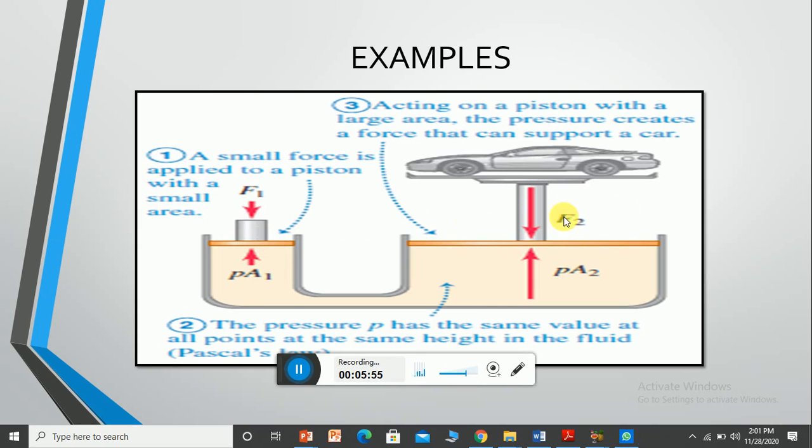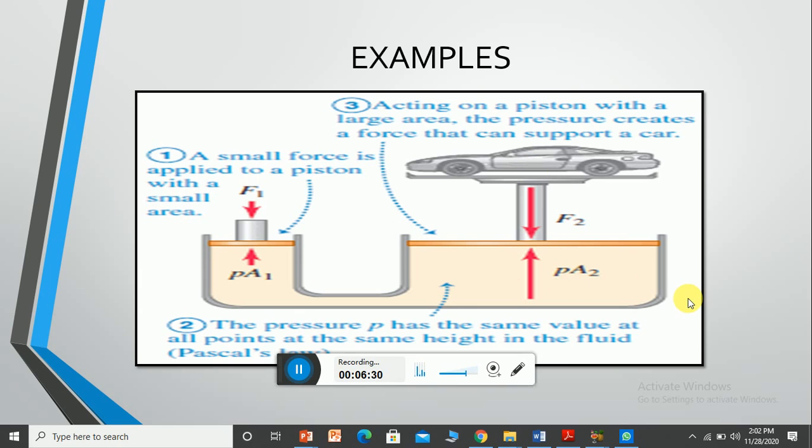That's why it's a force multiplier. By application of a small force, we can create a large force. Thus, acting on a piston with a large area, the pressure creates a force that can support a car. So we can easily lift this car, and it's a force multiplier, you know very well.